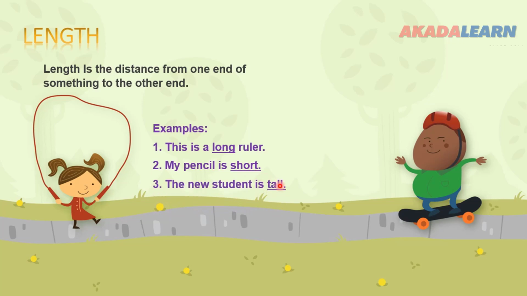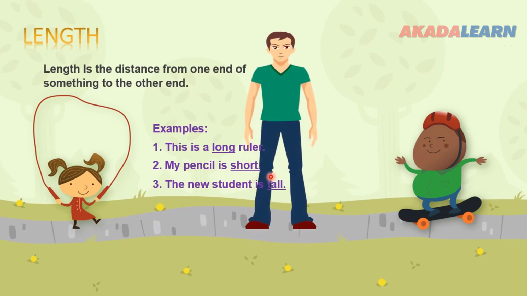Another example is the word tall. For example, you say the new student is tall. As you can see, this is a very tall boy. When you compare his height or the length of his body to that of this girl and this boy, you can see he's really tall.